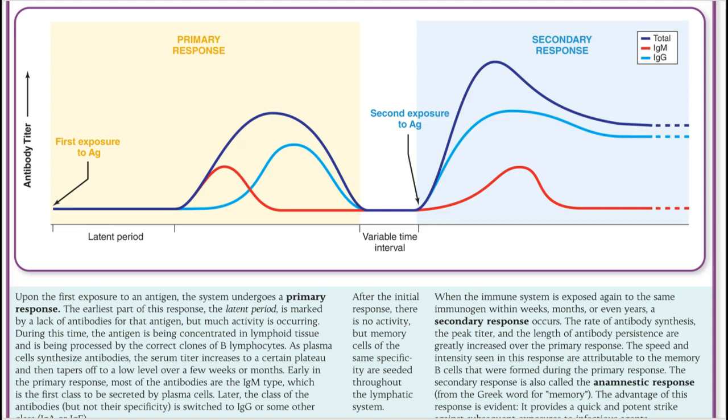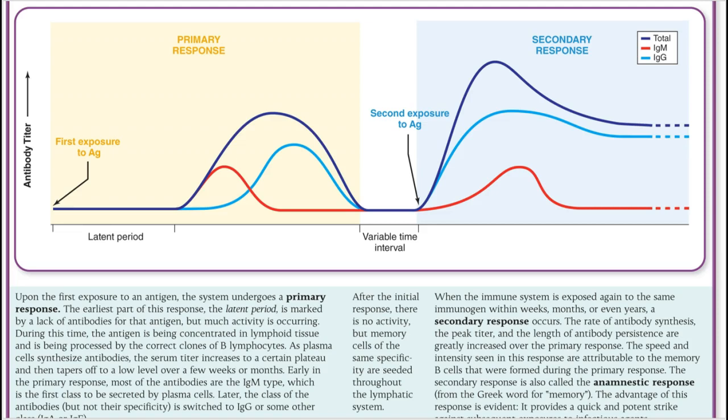During this time, we're going to have memory cells that were produced during the primary response that are going to continue to circulate through the body, and they will be the cells that are going to respond in the secondary response when that antigen is experienced for a second time.